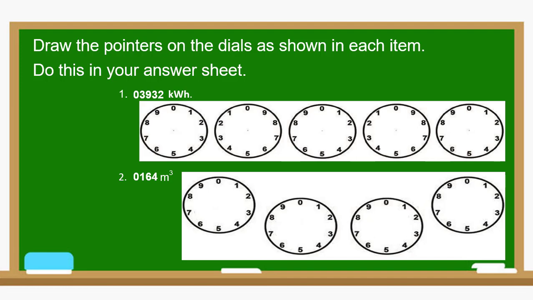Number 1, 0, 3, 9, 3, 2 kilowatt hour. Number 2, 0, 1, 6, 4 meter cube.